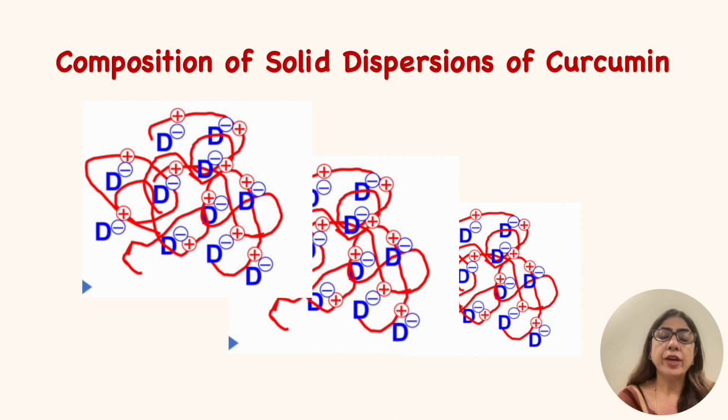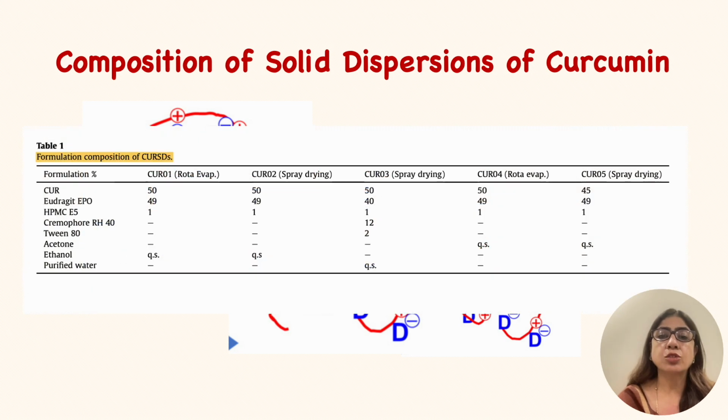Let's see when and how they did the in silico studies in this project. First, they prepared solid dispersions of curcumin with Eudragit. The dispersions were prepared using two methods, roto-evaporation and spray drying. They also studied the effect of solvents on the nature of the solid dispersion.